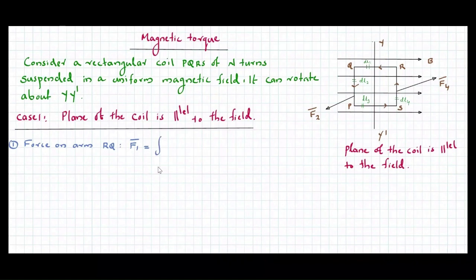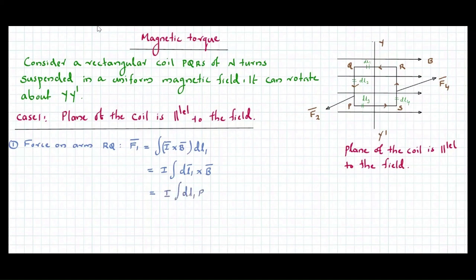The force experienced by the current carrying segment RQ in a magnetic field B is given by F1, that is integral I dl1 cross B, where dl1 is a small elemental length in the segment RQ.